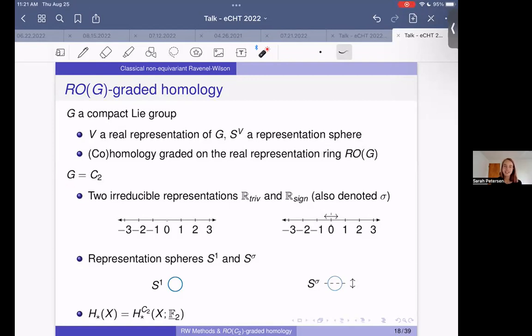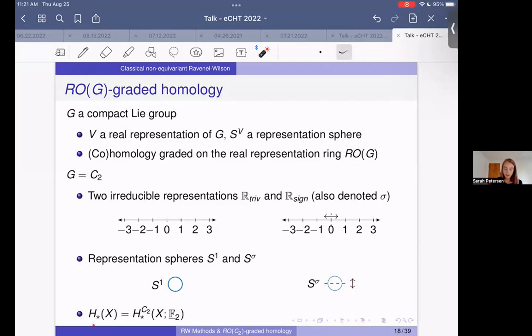And in this case, there are 2 irreducible representations, the one-dimensional trivial representation and also the sign representation. And when we one-point compactify these representations, we get 2 types of spheres. We get the ordinary 1-sphere, and we also get a sign sphere denoted as sigma, and this sign sphere has a conjugate action.